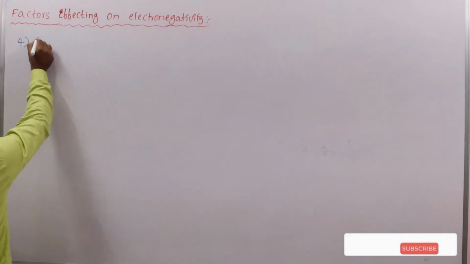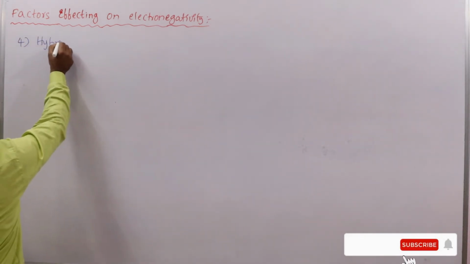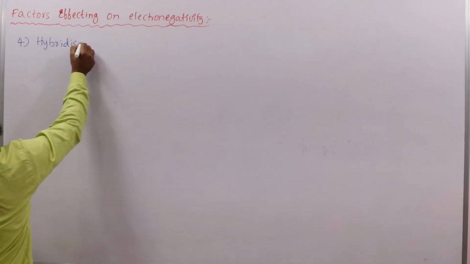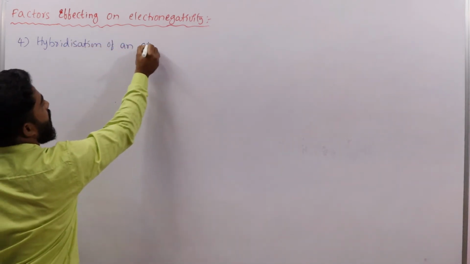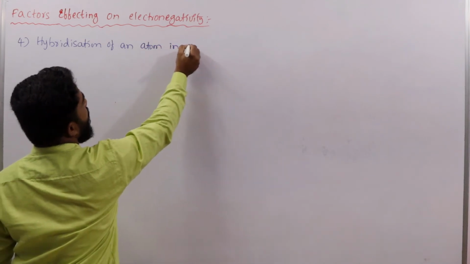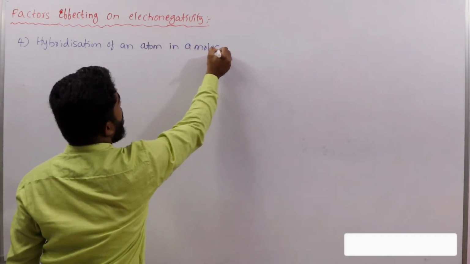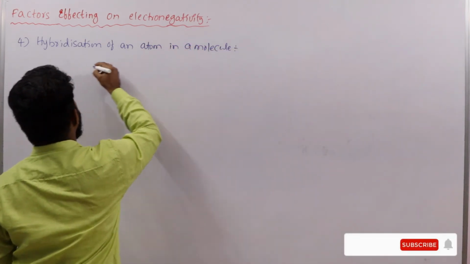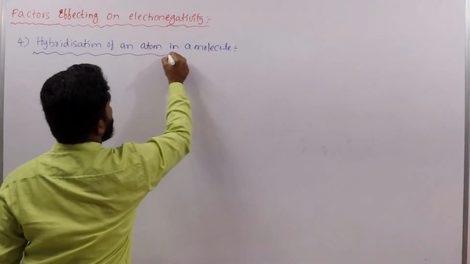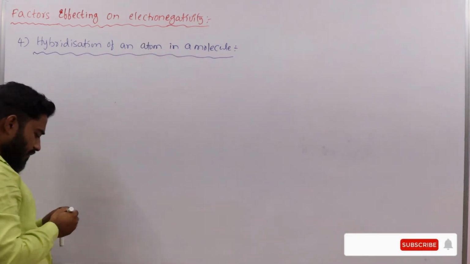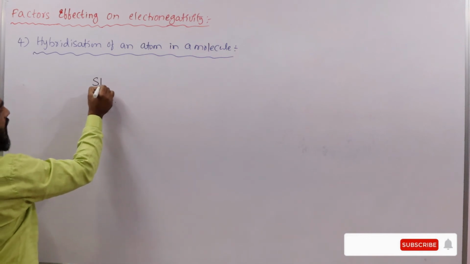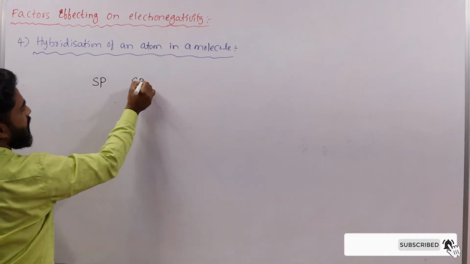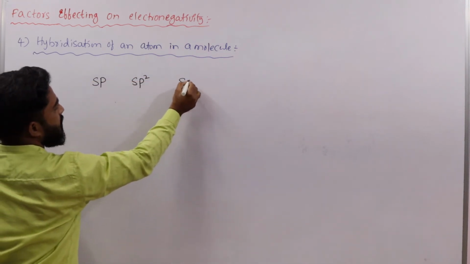Let us see the next factor, hybridization state, the hybridization of an atom in a molecule. How does hybridization affect electronegativity? I am taking three hybridizations, that is sp, sp2 and sp3.